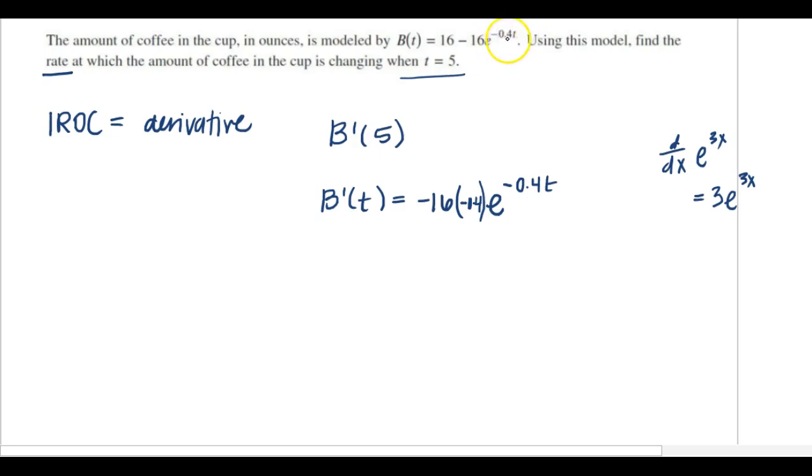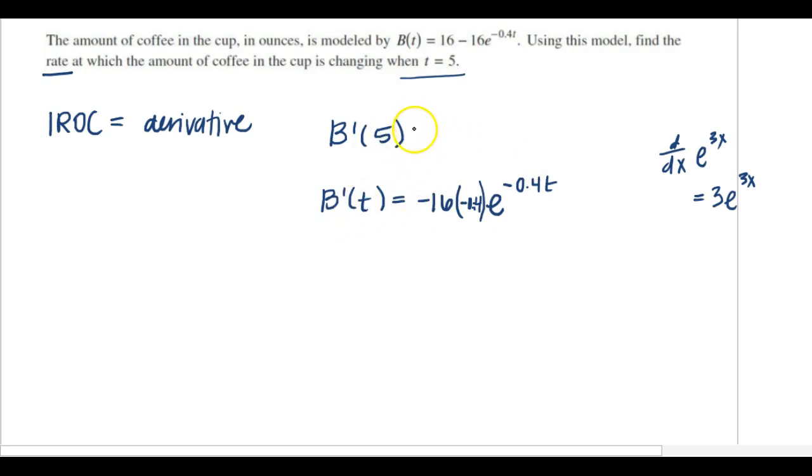So we really kind of have to get used to seeing some weird numbers and different variables, different names of functions. And because this is free response, we would not need to simplify it. So we could leave our answer like this, negative 16 times the quantity, negative, again, that's 0.4, e to the negative 0.4t. Oh, and we're not done, actually.